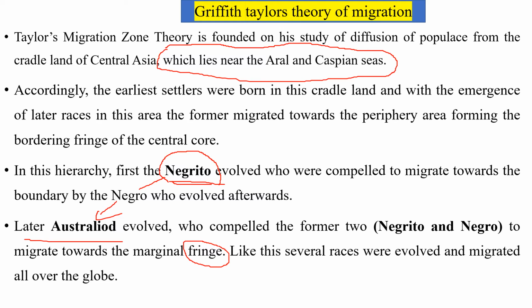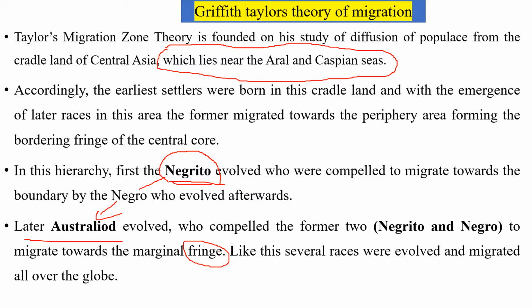Like this, several races evolved and migrated all over the world. Means from the cradle land, they started to move towards the southern part, towards Africa. Then they are considered Negrito.